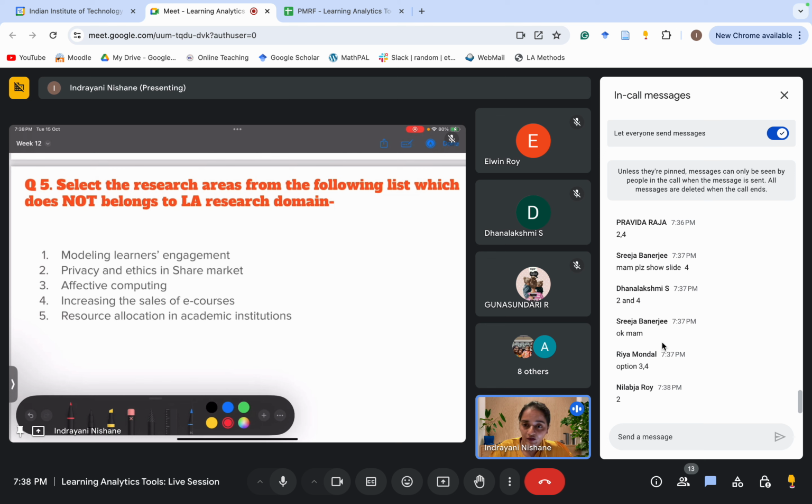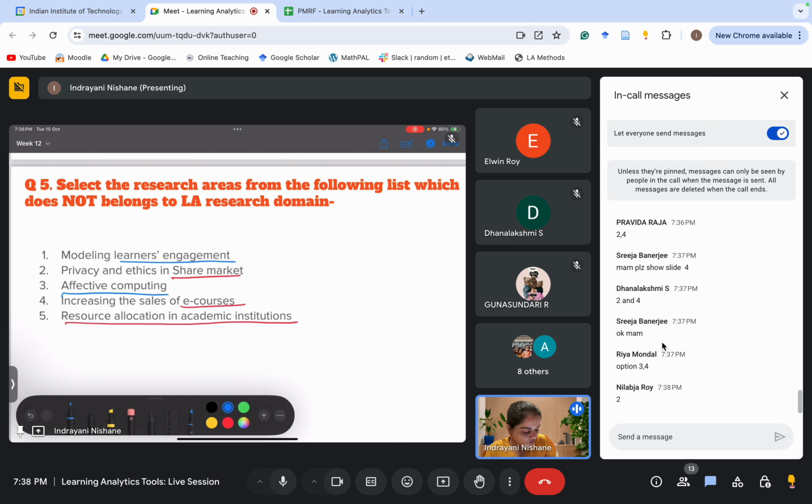Very straightforward question. So this is share market, this is e-commerce, and this is resource allocation in academic institution, whereas this talks about modeling learners engagement and effective computing. So we all know what is effective computing. Effective computing is determining the emotional state of the learners, of the students, so that we can modify the pedagogy or the teaching strategy accordingly.